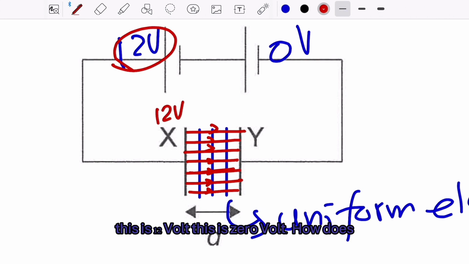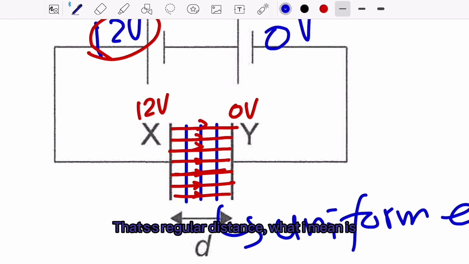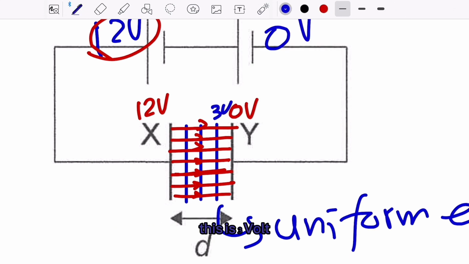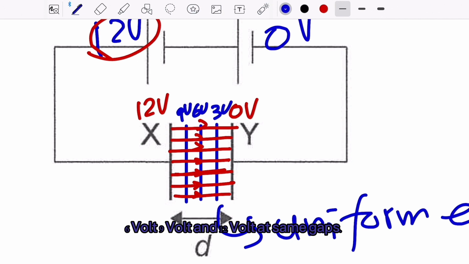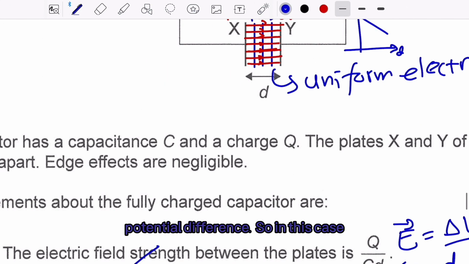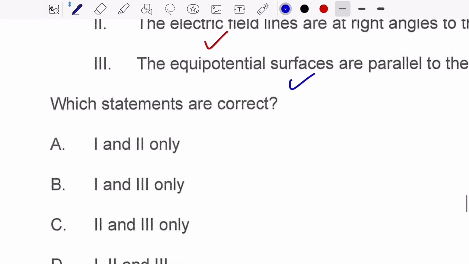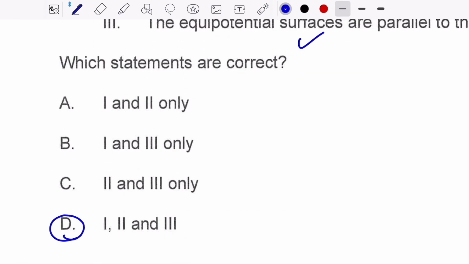This is 12 volt, this is 0 volt. How does it change? It changes at regular intervals, at regular distance. What I mean is this is 3 volts, 6 volt, 9 volt and 12 volt at the same gaps. So the voltage decrease is actually uniform with the distance. So in this case, answer C is also correct. So the correct answer is D.